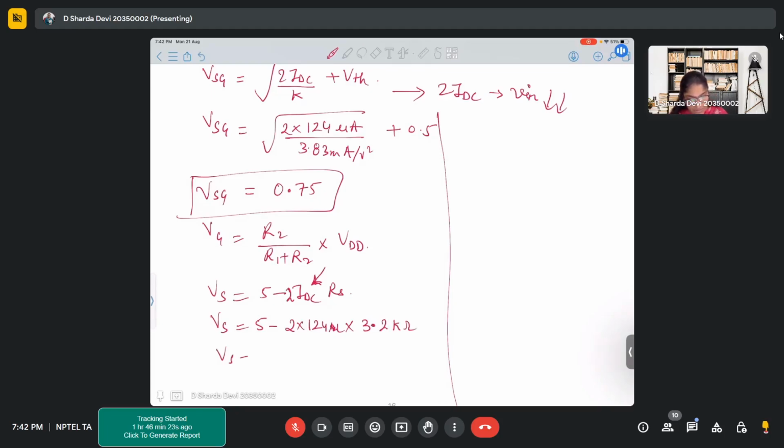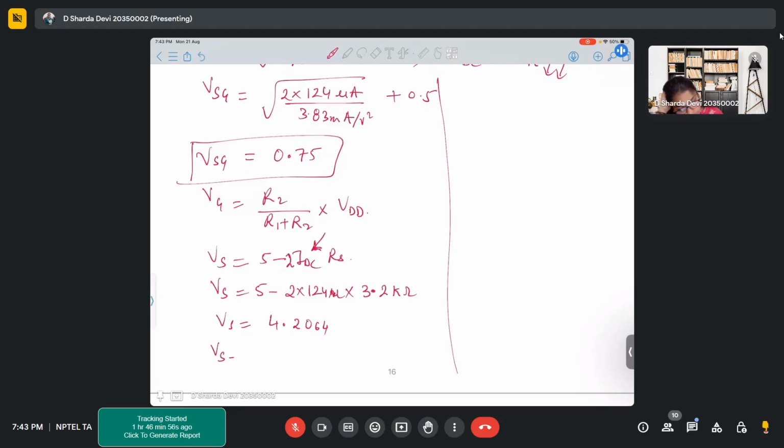So VS that we are getting is 5 minus 2 into 0.124 times 3.2, which is 4.2064.